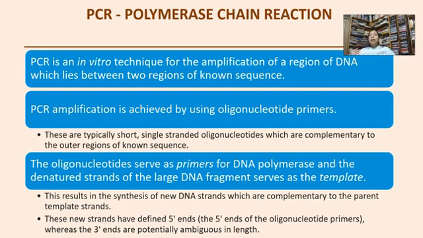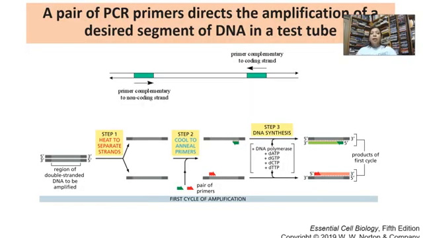In another scenario, maybe you already know the sequence of the gene itself and you are interested in cloning that particular gene of interest for whatever purpose, to create a resistant crop or to create a molecule or an organism with a particular characteristic. In that case, you could just take the beginning and the end of that gene and actually use those as your primers so that you can copy the entire sequence that goes in between.